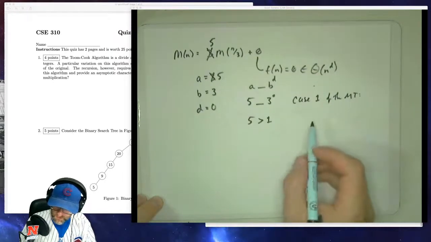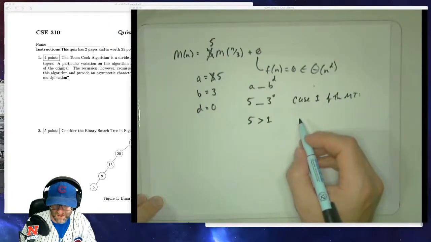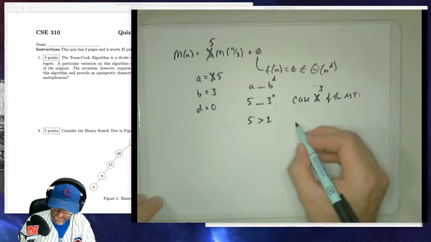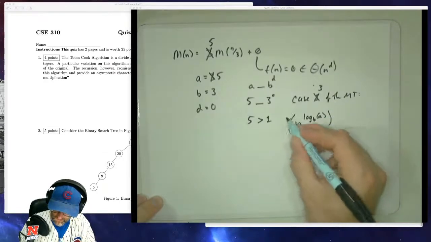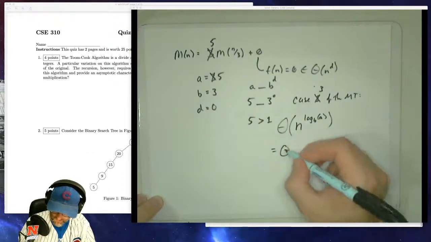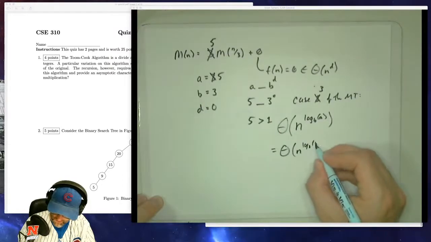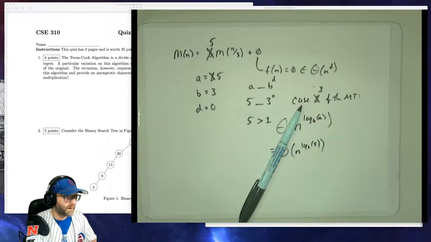By case 1 of the master theorem, or maybe it's case 3, I forget. I think it's case 3, right? And that would give us n to the log base b of a, which is equal to n to the log base 3 of 5. And at that point, I'd have to pull out my calculator and ask Wolfram Alpha here, is it better than Karatsuba multiplication?